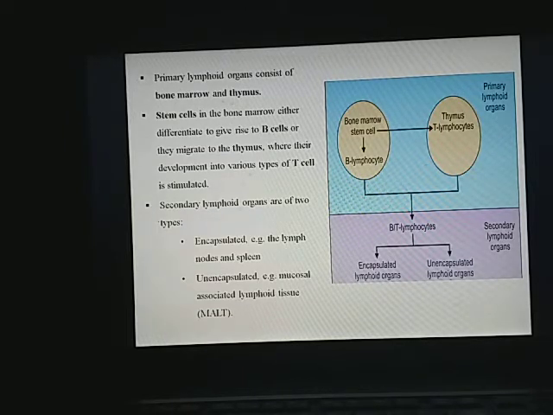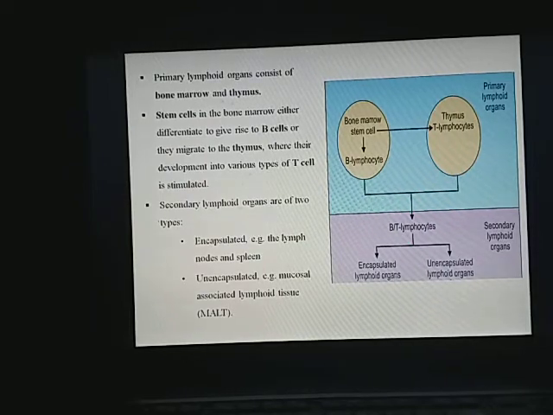The example of an unencapsulated secondary lymphoid organ is mucosal associated lymphoid tissue, or MALT. So how do the secondary lymphoid organs function? Let us see.